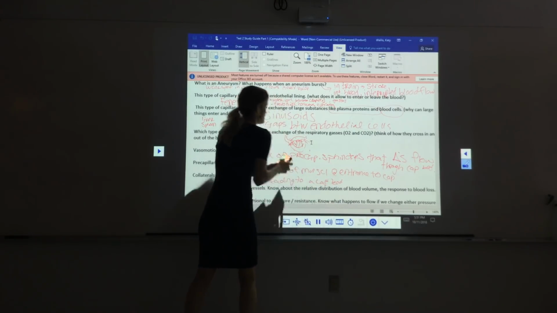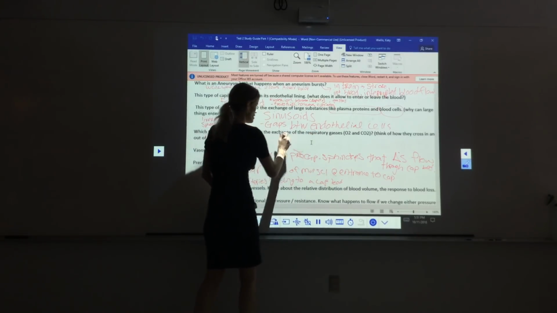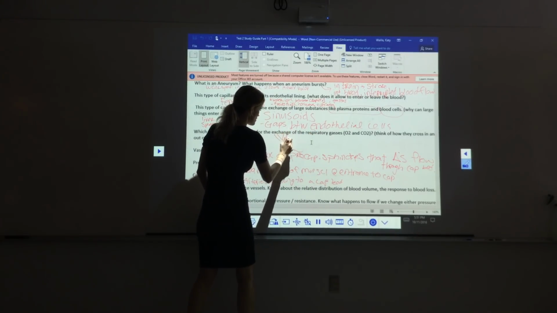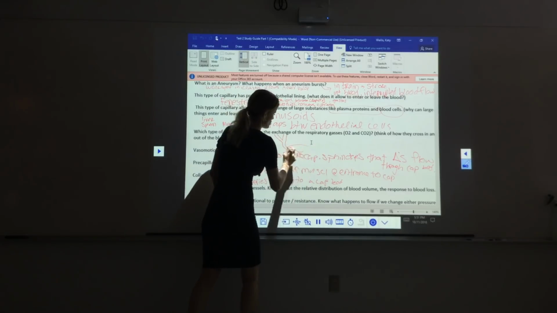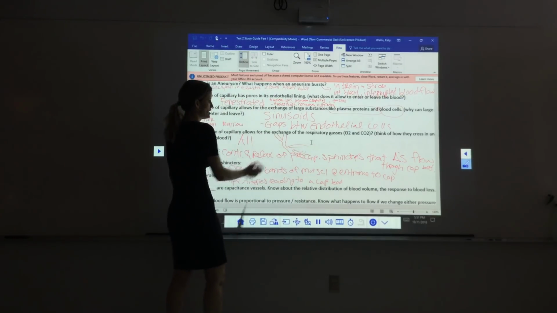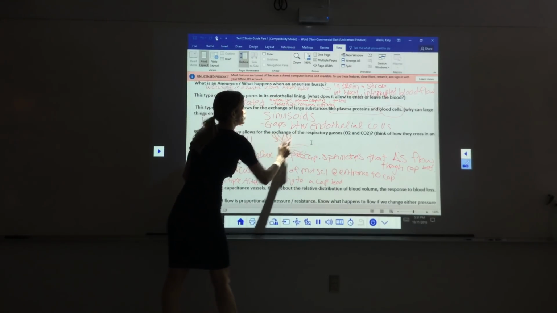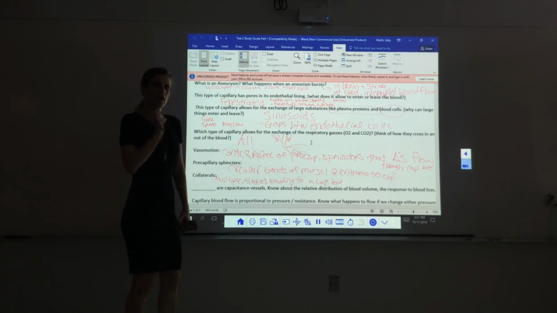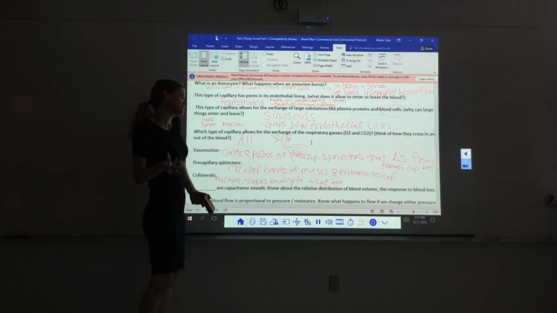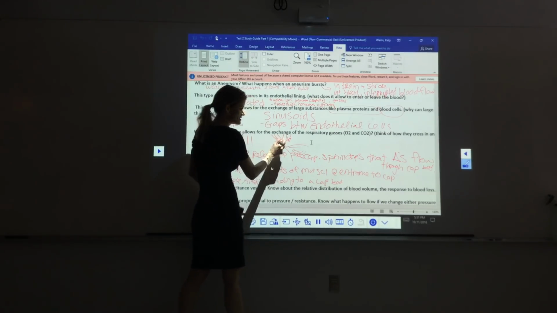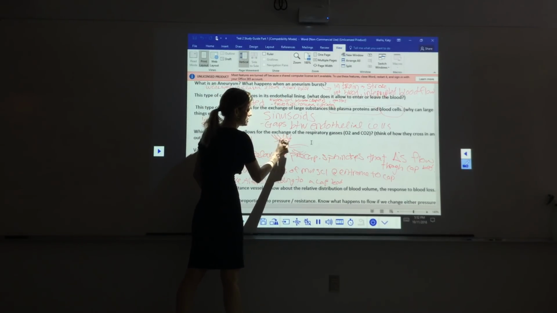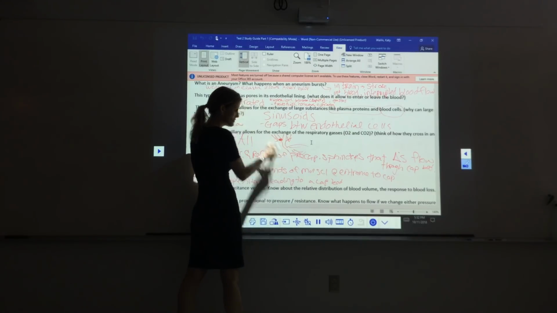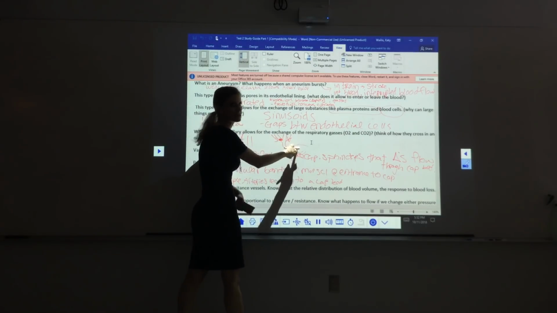So if that's my messy capillary bed, and I have two arteries coming in to feed that capillary bed, that's beneficial. If something happens to this artery, say it's blocked or breaks, this tissue does not die.